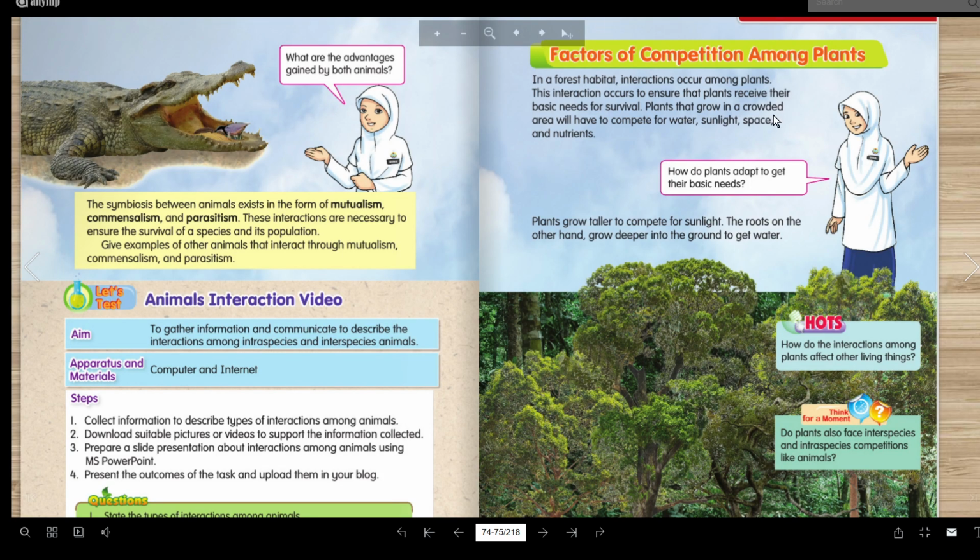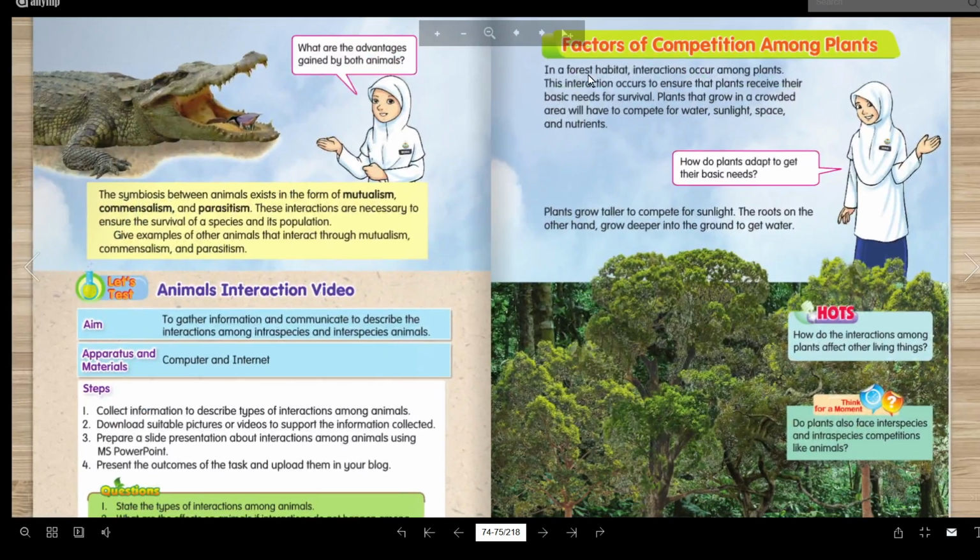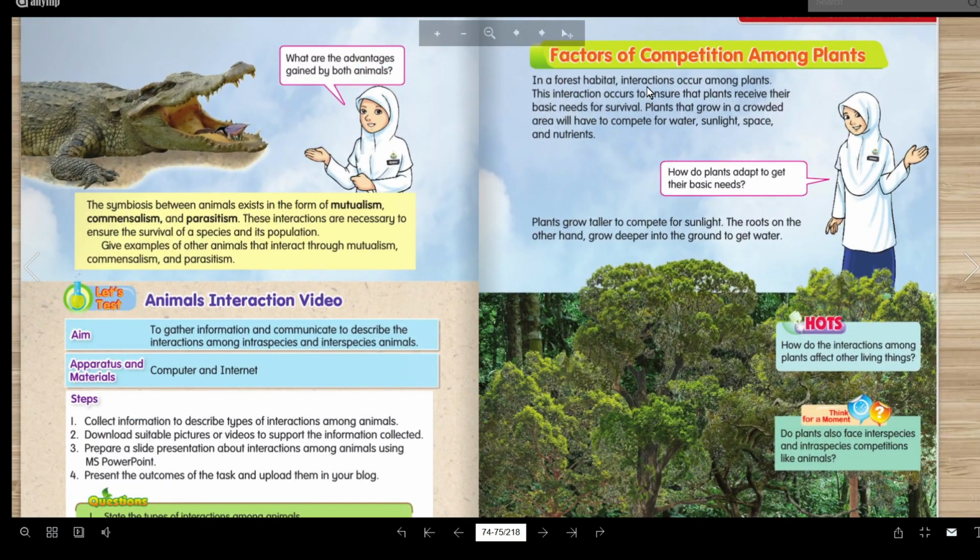Now let's talk about plants. So in a forest habitat, interaction occurs among plants. Again, like we learned about animals, they compete for resources, for food, for water. Plants can compete for sunlight, for water, for space, for nutrients, right?